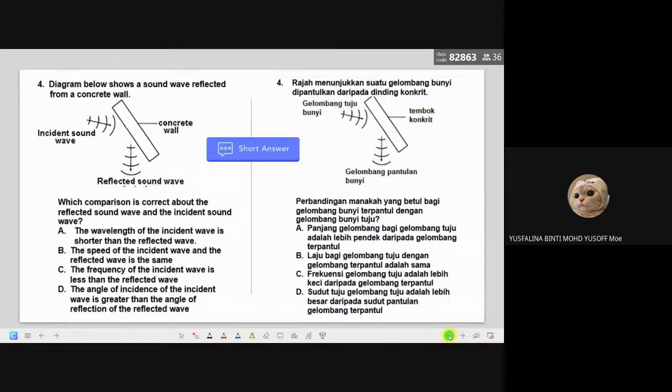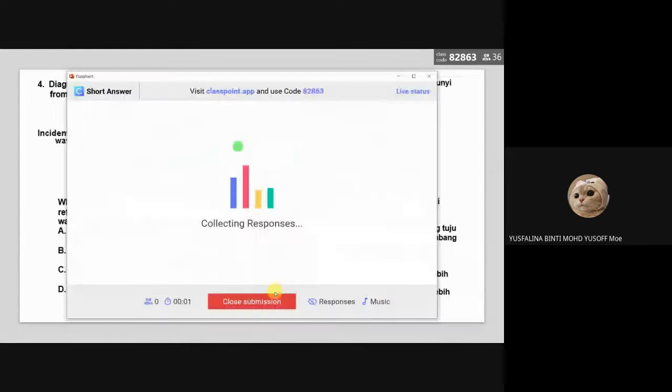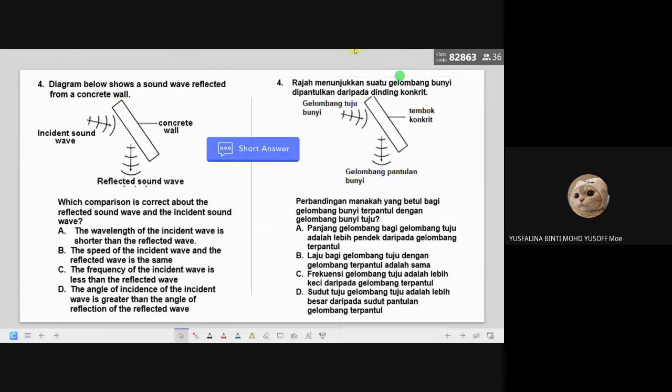All right, so let's discuss the answer. It says here, which comparison is correct about the reflected sound wave and the incident sound wave. Even for sound wave, water wave, or light wave, all of them have the same characteristic.